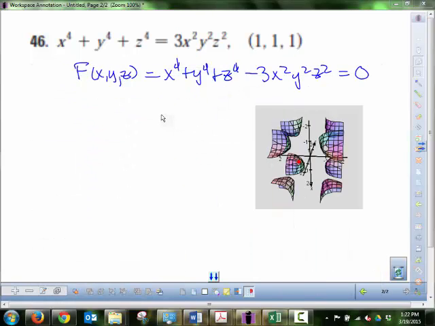We might be interested in finding the equation of the plane here, or the normal line. Both of those require a point and some sort of direction or a normal vector, right? So let's talk about what we should do first, line or plane? Line, let's do the line first.